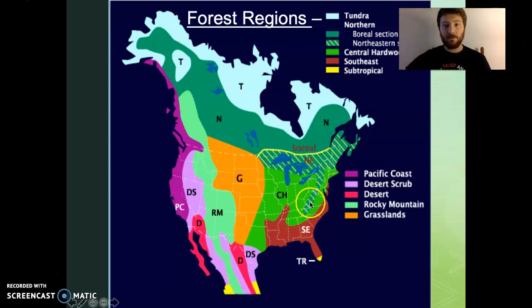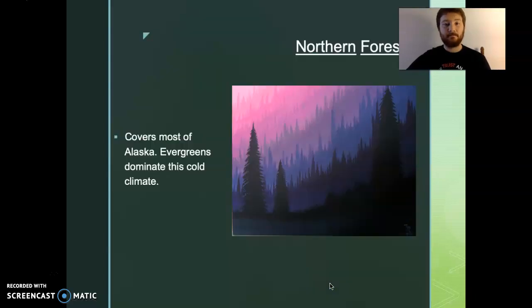Here, the northeastern section runs through parts of West Virginia, Pennsylvania, and New York, up into Canada. And the main one we're used to seeing is the southeast forests. And maybe if we have ventured down all the way to the Florida Keys, we have seen some subtropical forests. But the southeast forests are pretty unique, and we'll talk about them in a second.